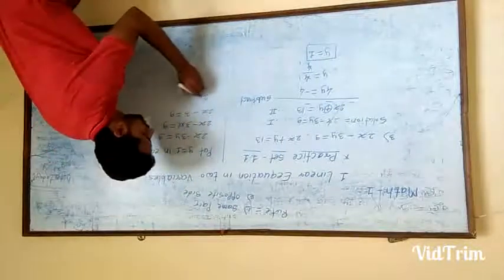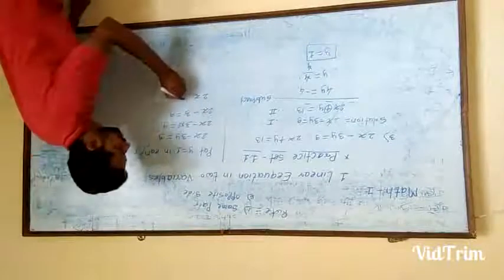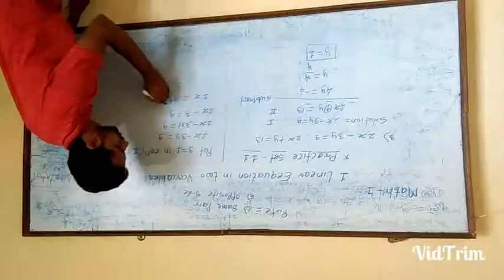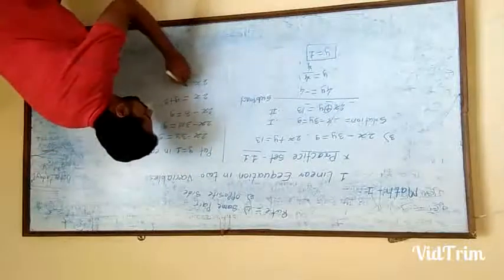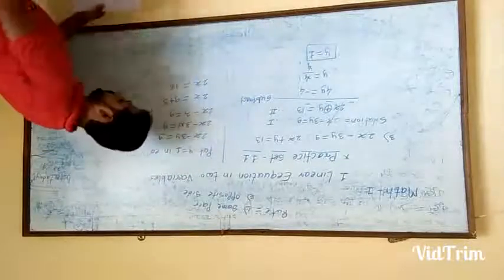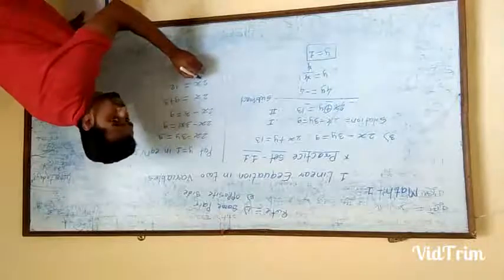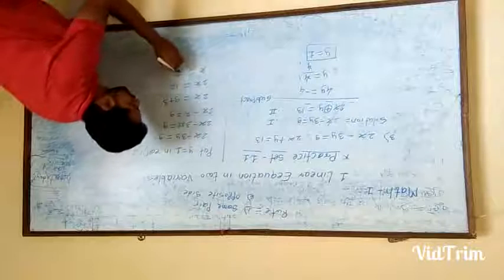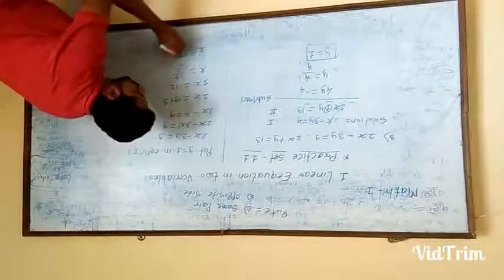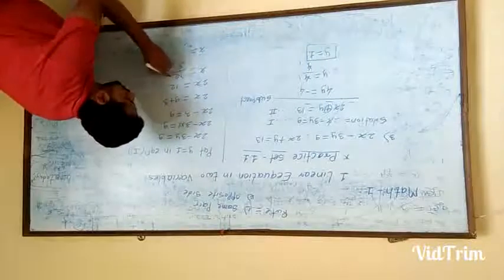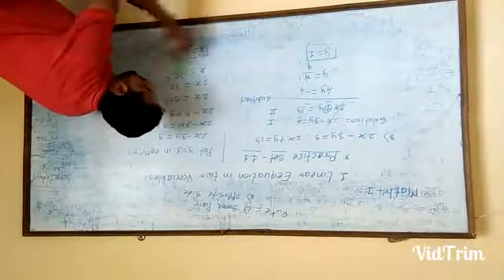So 2x is equal to 9 plus 3; this 3 is minus here, whenever it comes to the other side it's plus. 2x is equal to 12. So x is equal to 12 by 2; this 2 is multiplied here, whenever it comes to the other side it's divide. x is equal to 6. This is the value of x.